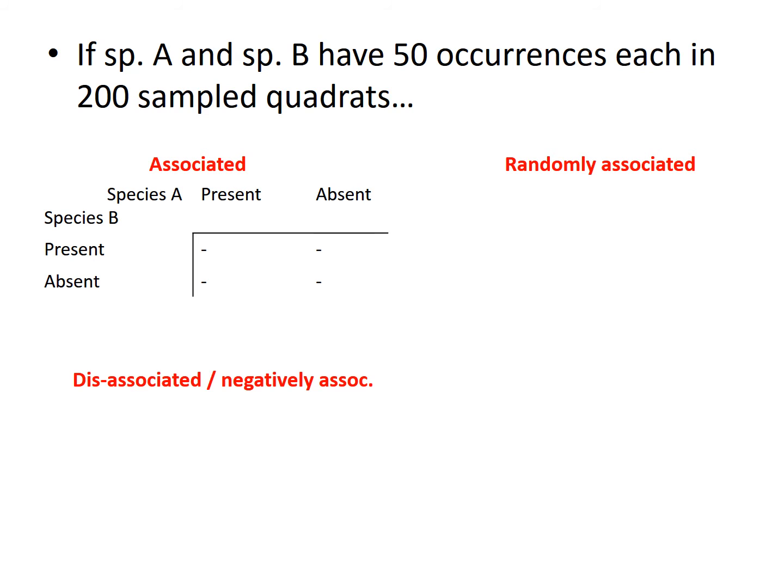And imagine we've got this table where we're showing how species A and B was present and absent. And this is going to show us a strong spatial association. How would you divide the 50 occurrences for each species across that grid?